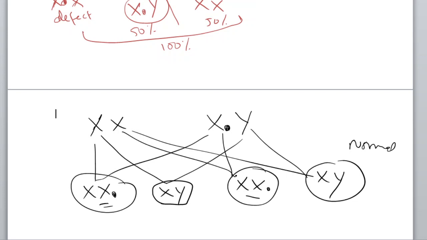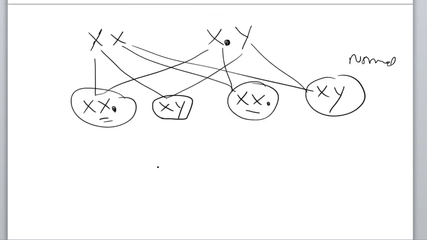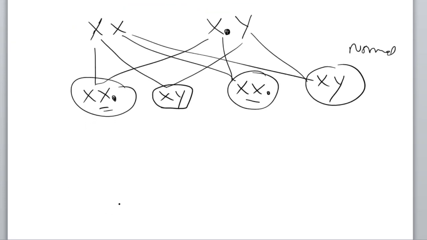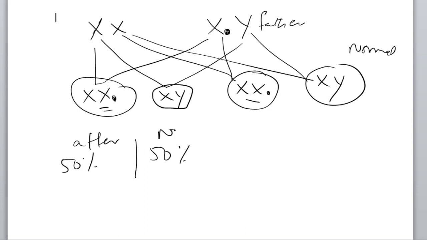Now, when the father is affected, they can ask you how much is affected overall, and you will say 50% overall is affected and 50% are normal.